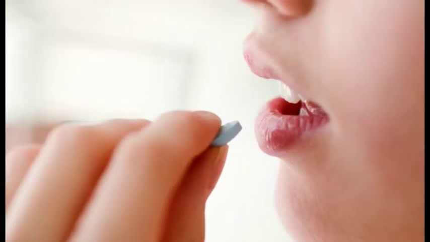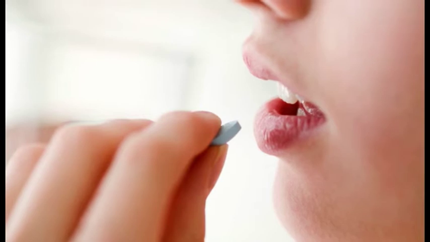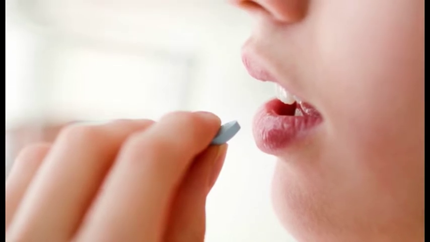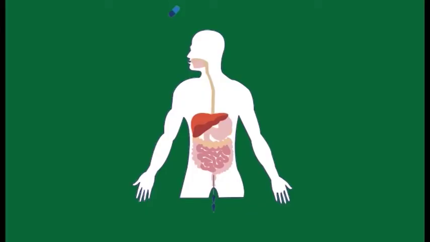When a drug is administered by mouth, per os, it reaches the digestive tract, and at that point, usually 20–30% of the drug is absorbed into the systemic circulation, so into the blood.